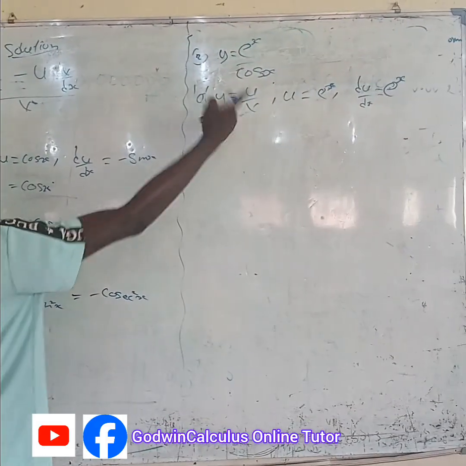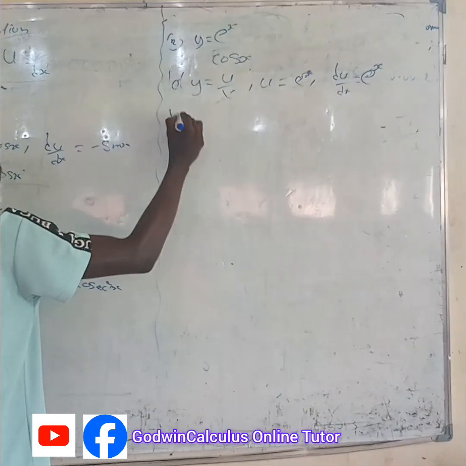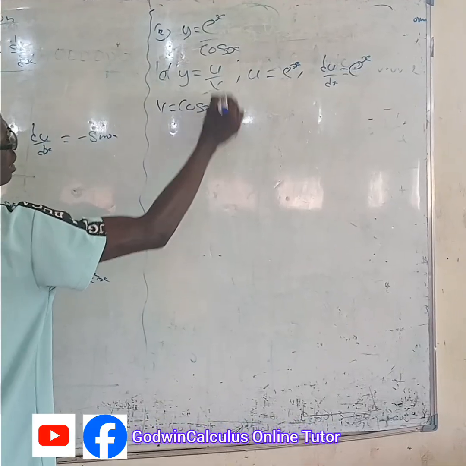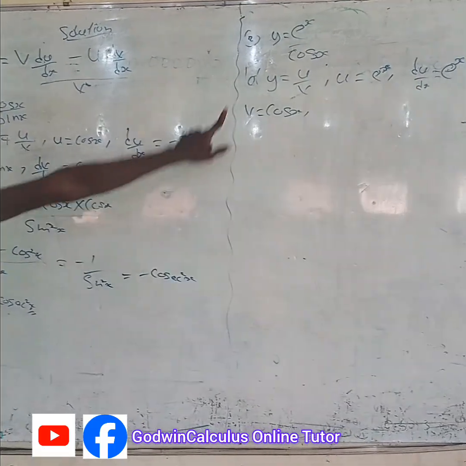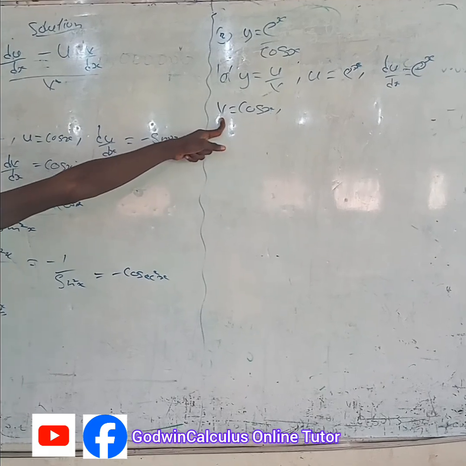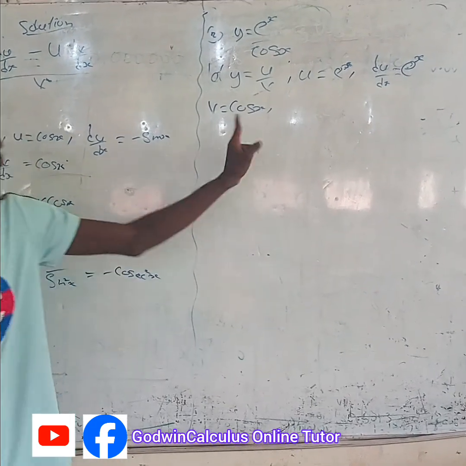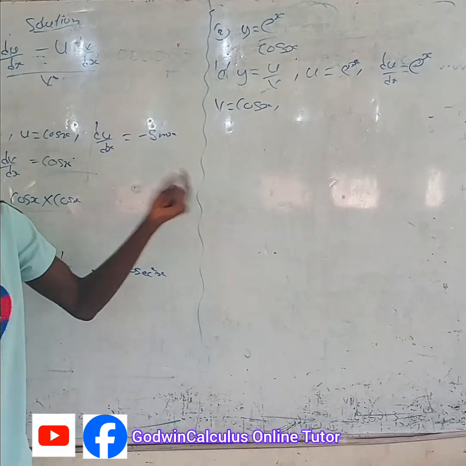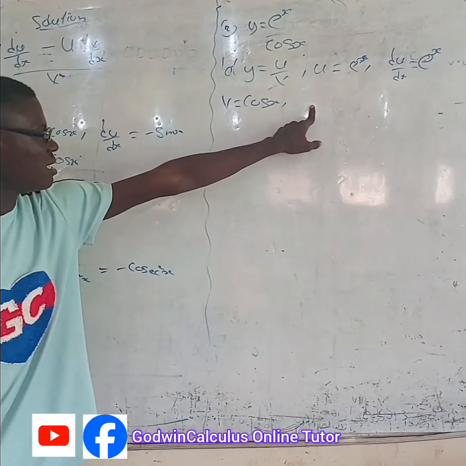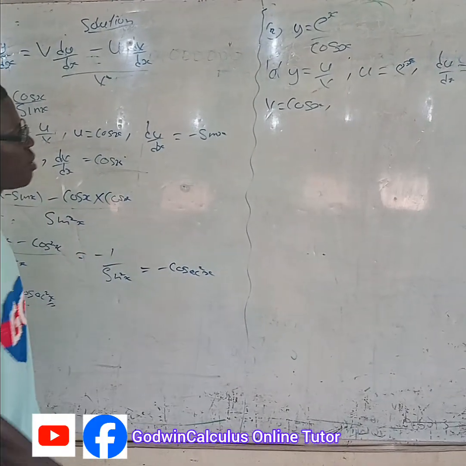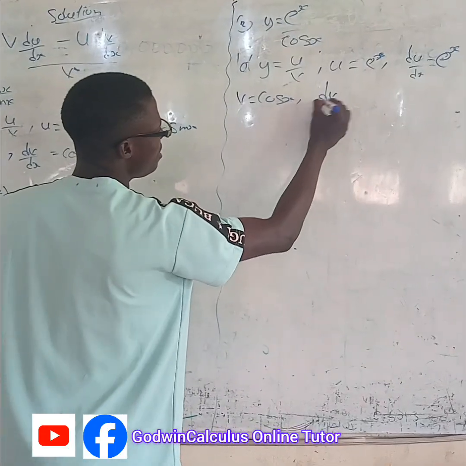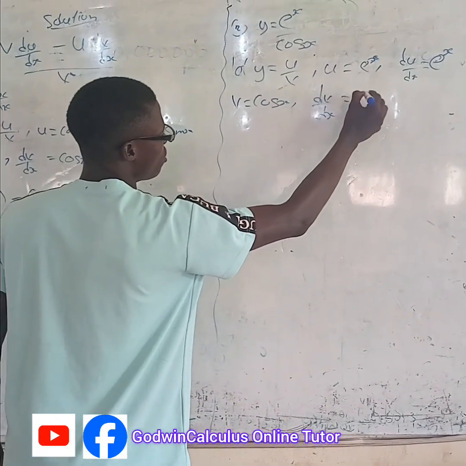Now, our v is cos x. To find dv/dx, we are going to differentiate v. Don't forget that if y is equal to cos x, dy/dx is minus sin x. So dv/dx is equal to minus sin x.